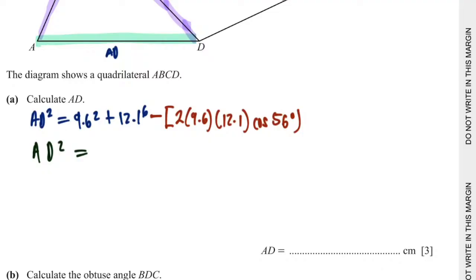What is the answer for this one, where we are using the cosine rule?